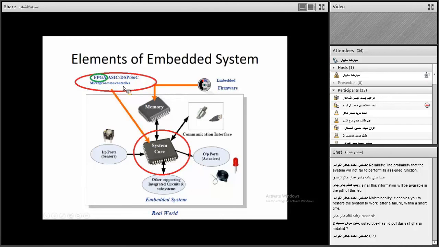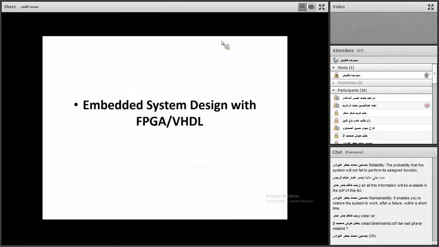You know about the microprocessors and microcontrollers, but up to now we haven't spoken about the FPGA. What is an FPGA? And how can we program, or how can we implement on an FPGA?